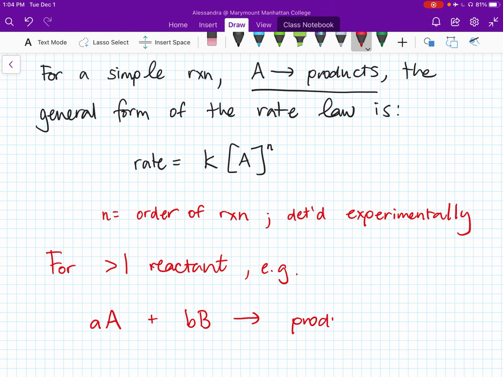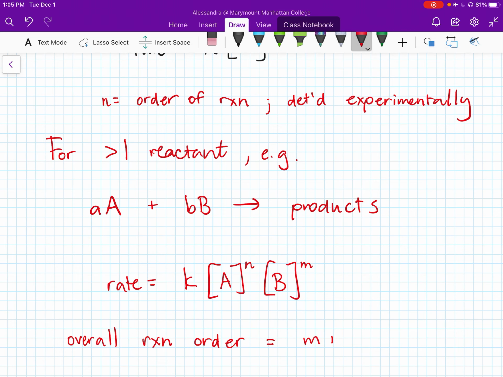So the rate law would be equal to the rate constant times the concentration of one of the reactants raised to some power, I'll call it N, times the concentration of the other reactant raised to some other power, I will call it M. So the reaction order is given from both of those, and you would get the overall reaction order by summing them. So M plus N would tell you the overall reaction order.